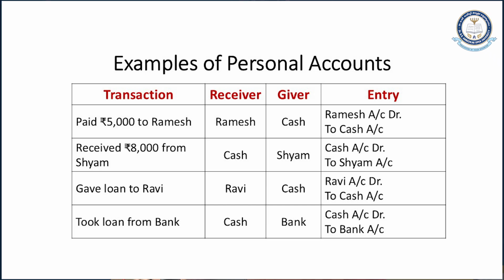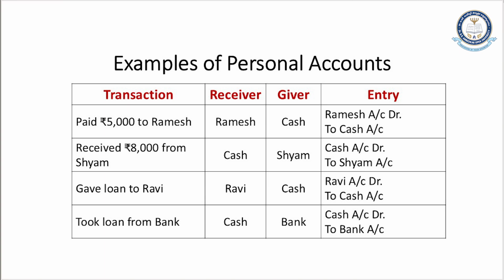So let's see a few examples of personal account. The first example is that the business paid rupees 5,000 to Ramesh. Here Ramesh is the receiver because the business is giving 5,000 to Ramesh. So we know that we have to debit the receiver.